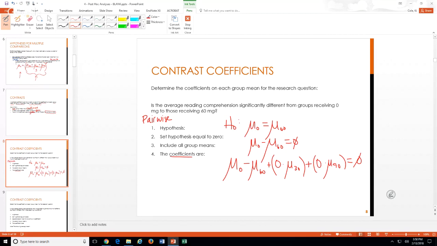The equation? No. Are all of my means represented? Yeah. Now the last step is I'm going to write those groups in the proper order in which they are in our study. So how could I change that? Rearrange it a little bit.